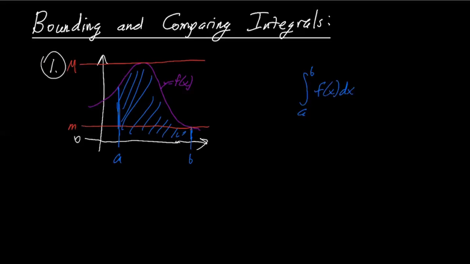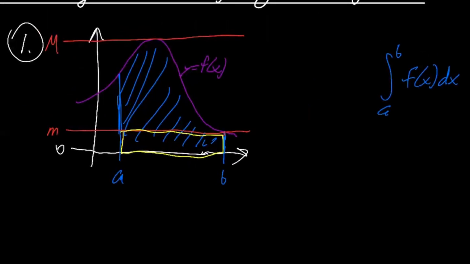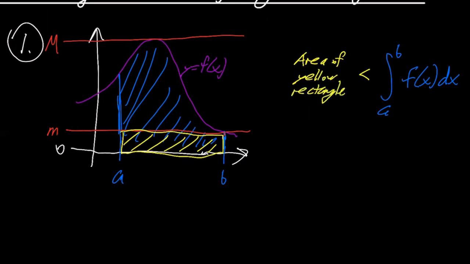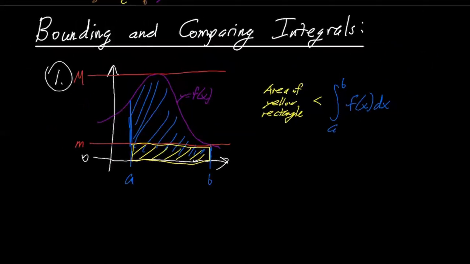But there are a couple of rectangles. There's a rectangle right here, for example. You can zoom in if you like. There's this rectangle, and clearly the area under the curve is bigger than that. So that's greater than the area of the yellow rectangle. And then there's some other big rectangle.